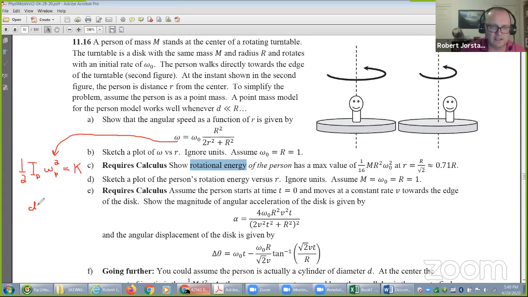So then you could take dK/dr, that's pretty sloppy there. Take dK/dr and set it equal to 0.